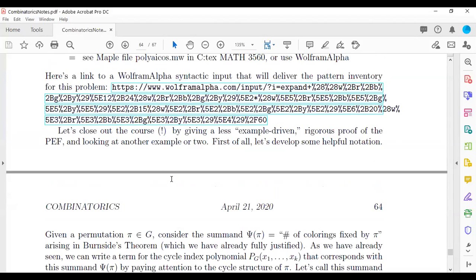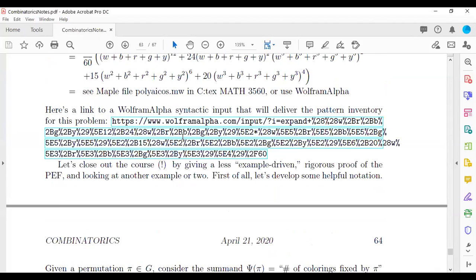Oh, by the way, I don't know if you saw this, but I pasted a link to the Wolfram Alpha syntactic input of this stuff. You can actually click on that and it'll take you directly to that.